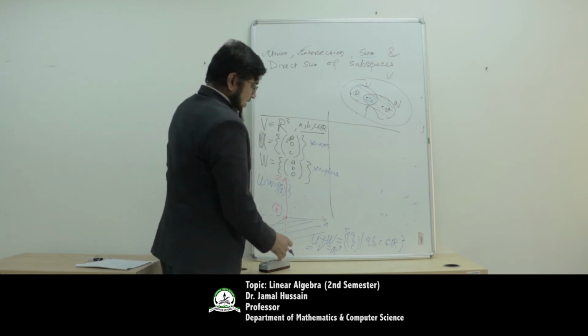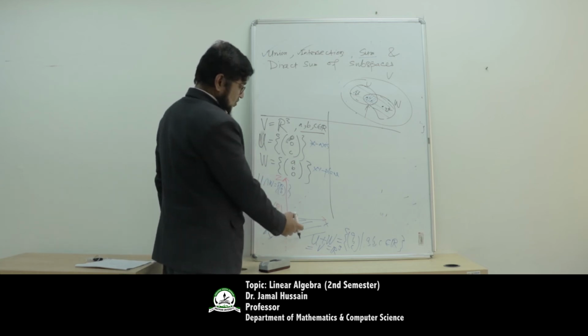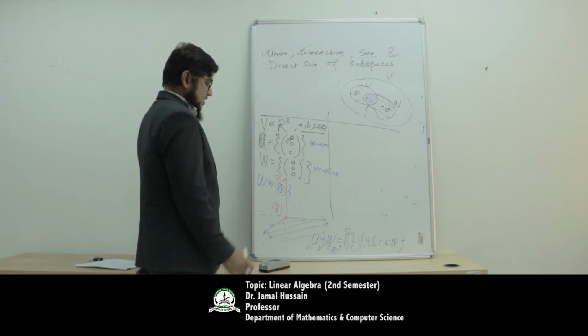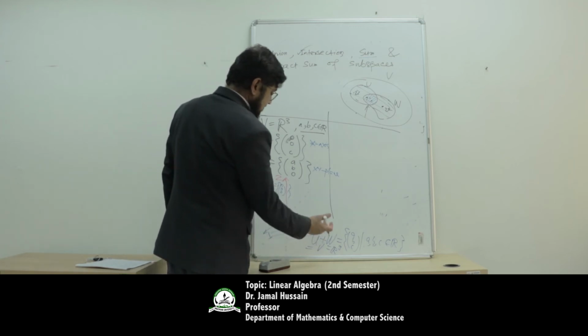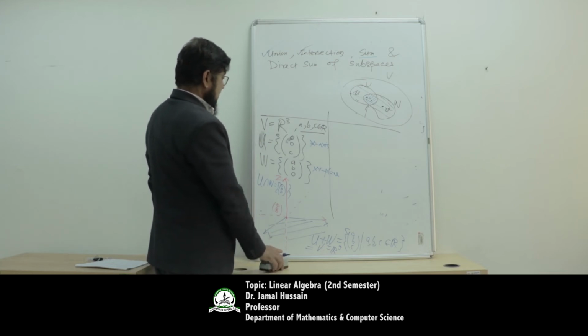And as you know, the sum is a subspace. So in this case U plus W becomes R3, which is a vector space. So this is obvious.